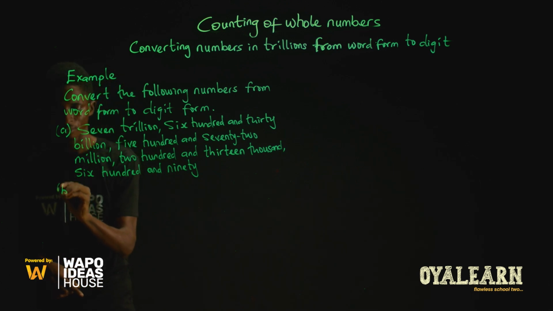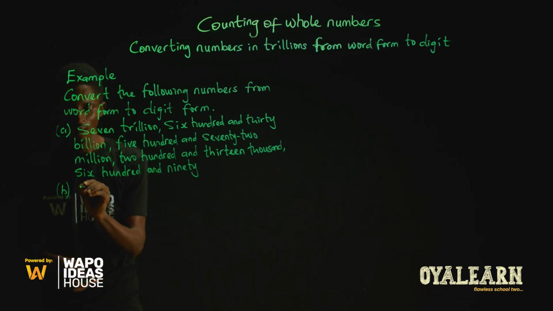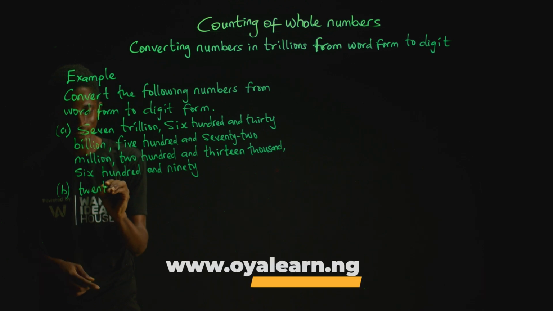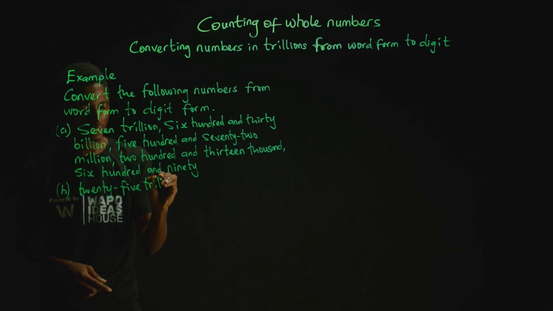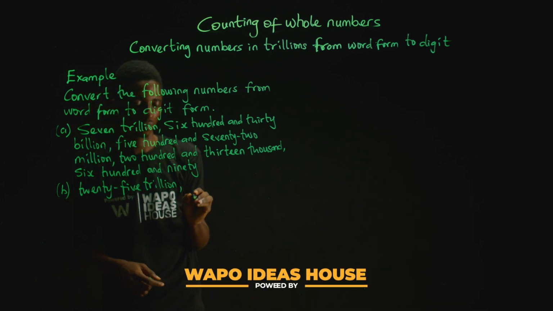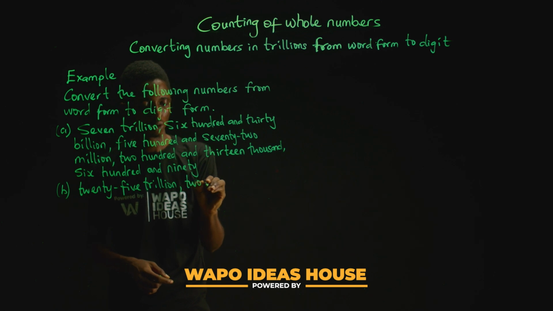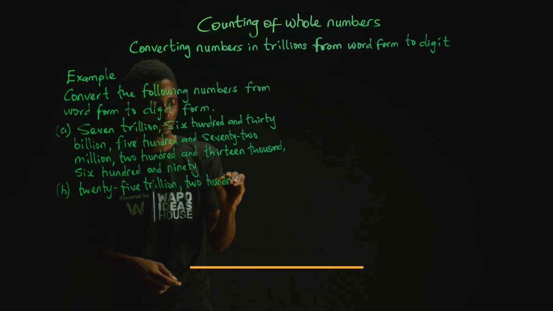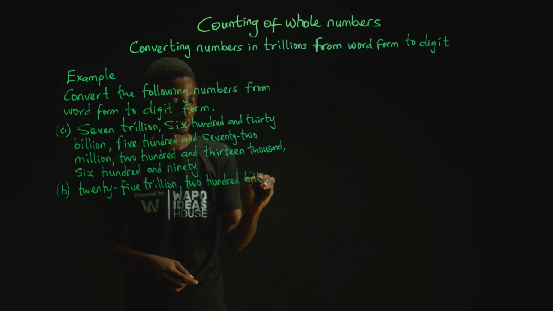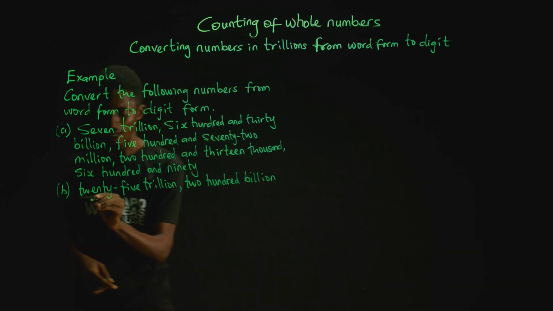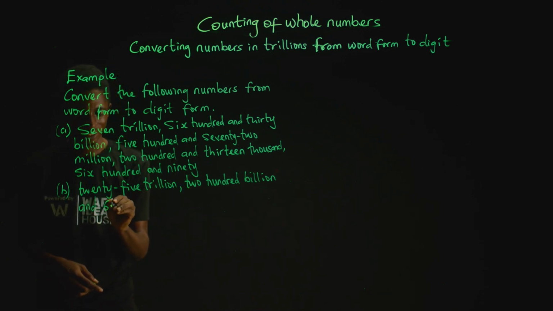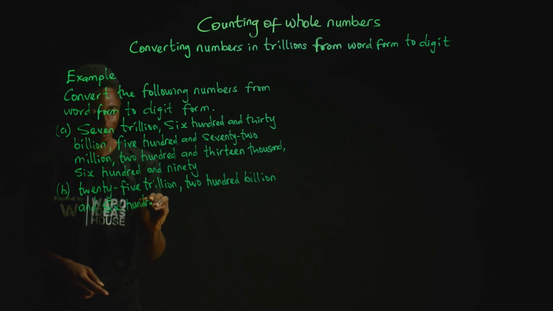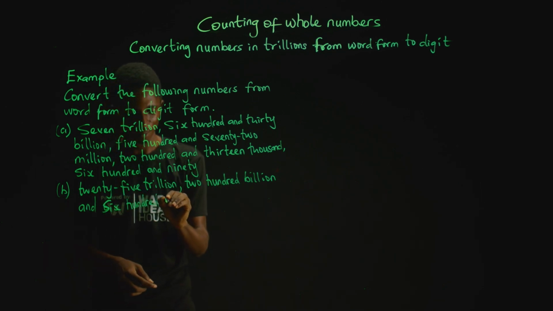And then B, we have 25 trillion, 200 billion, and 600 million.